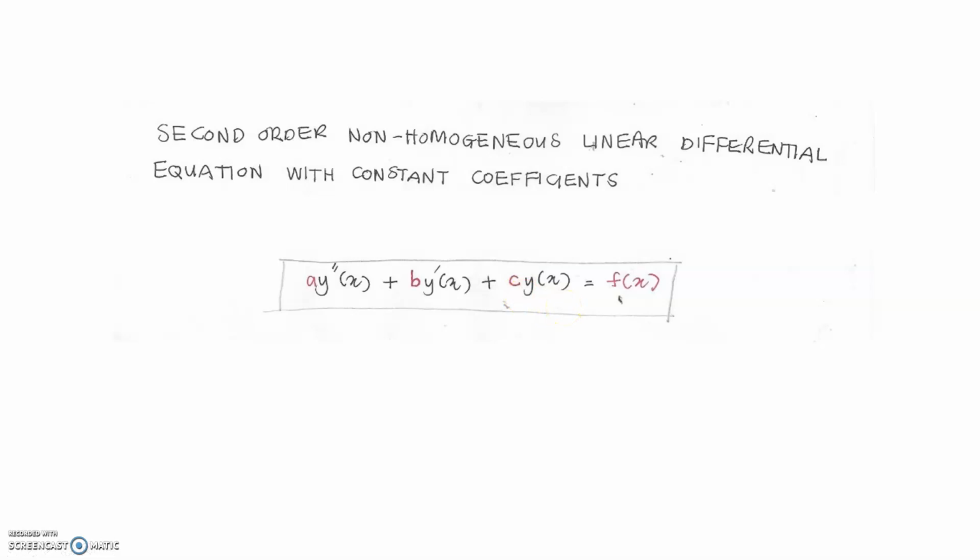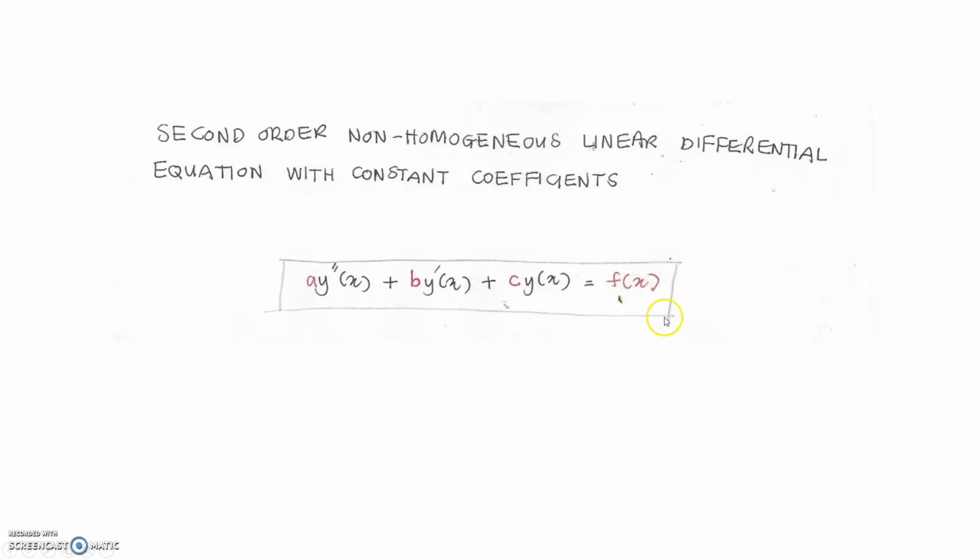So, in this situation, the second order differential equation is called a second order linear differential equation. Okay, if a, b, and c are constant values, then we call it a differential equation with constant coefficient.